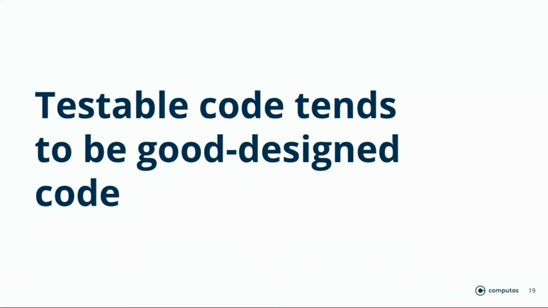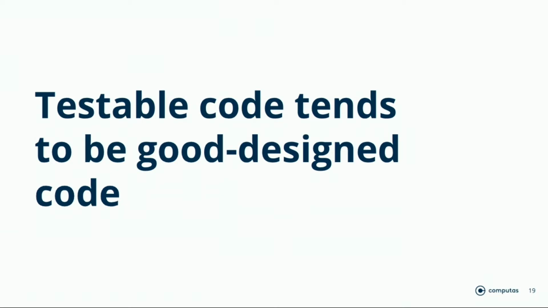So that takes us further on into the principle, I think, that testable code tends to be good design code. Because what I've been talking about so far has mainly been ways to make your code more testable, but also much of it improves your design. If you adhere to the single responsibility principle, that improves your design, but it also improves your testability.